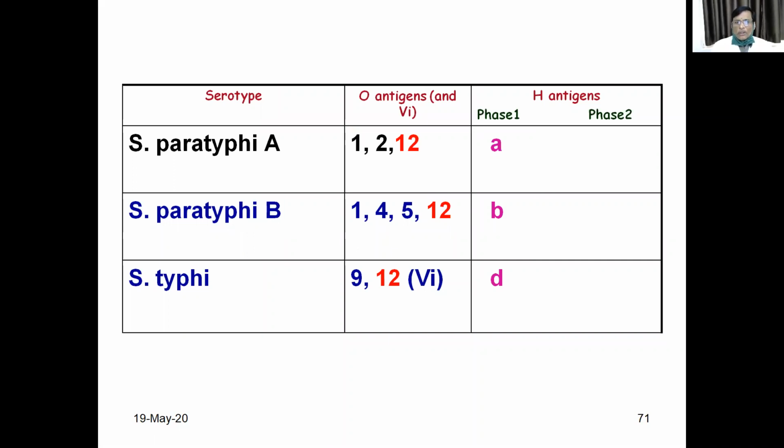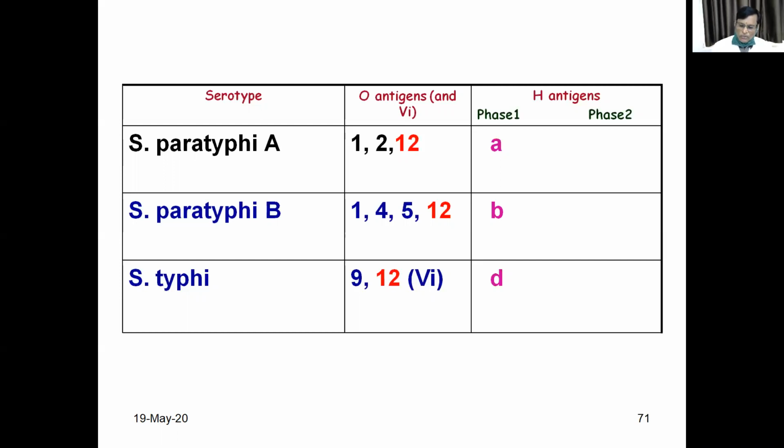So 12 is the common factor. There is no need to keep O antigens for all 3 because they share it, and we will keep only one O antigen, preferably that of S. Typhi. Whereas for H antigens, we will keep 3 because the phase 1 antigens are different: a, b, d.